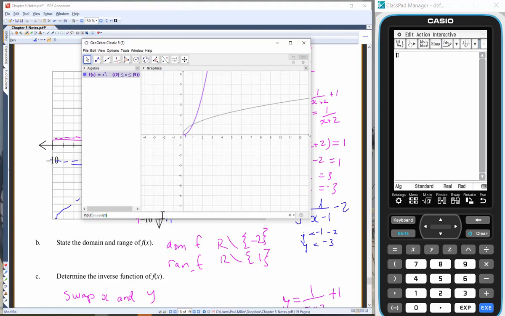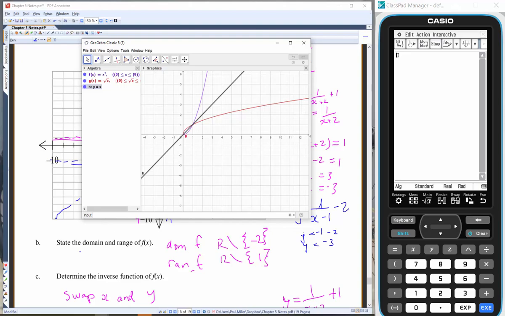Invert f of x. There it is. And note the intersection point is 1, 1. That's along the line y equals x. So the inverse will always intersect with the original function at the line y equals x.